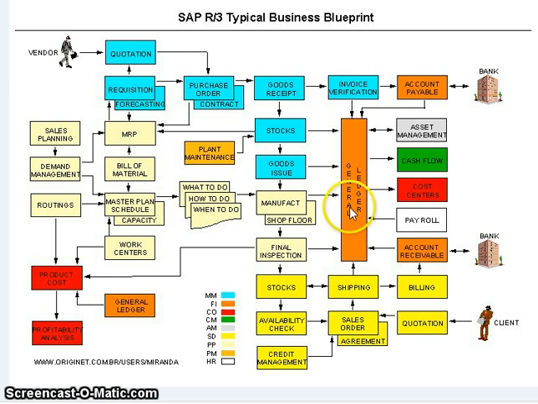The accounts payable connects to the MM module, and MM is materials management, and the accounts receivable connects to the SD module, which is sales and distribution. The general ledger module also connects to the controlling. So FICO is actually finance and controlling.